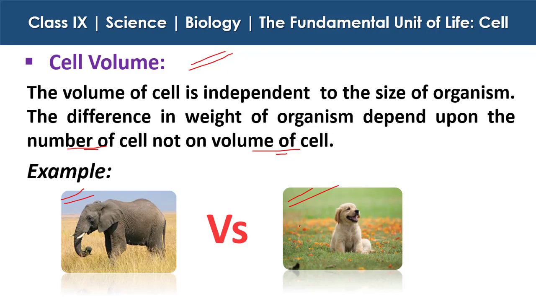The large size of an elephant is due to the large number of cells present in its body, whereas the small size of a dog is due to the smaller number of cells present in its body. So, we can say that the size of an organism depends upon the number of cells, not on the volume of the cell.